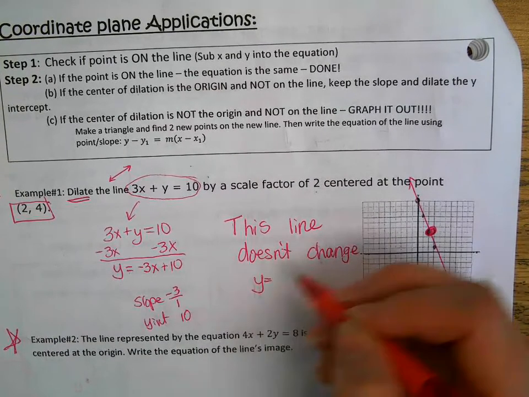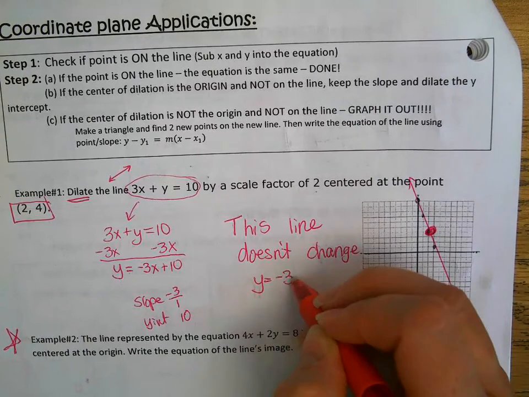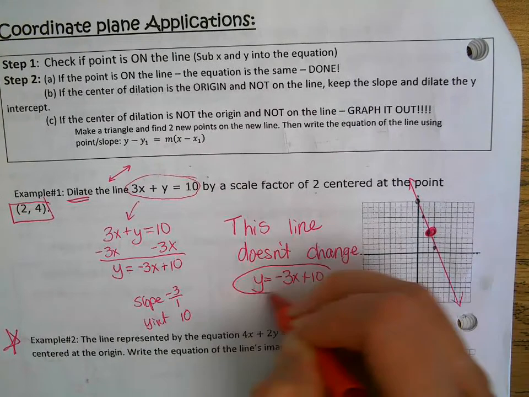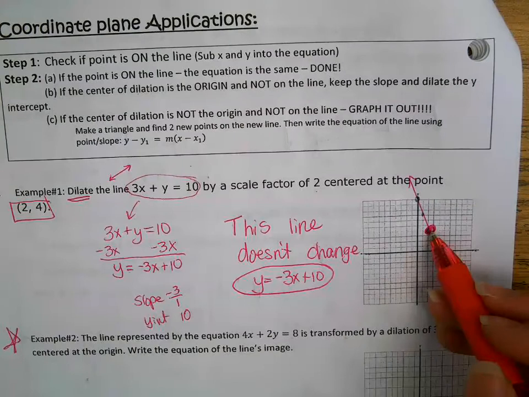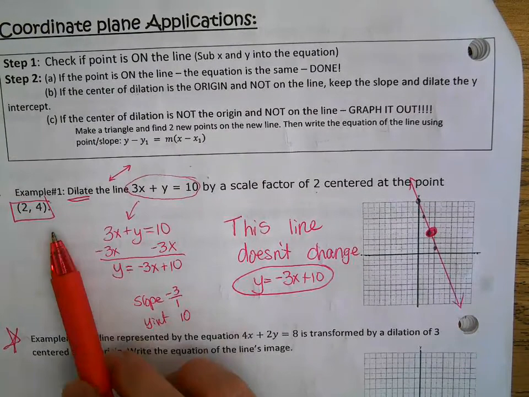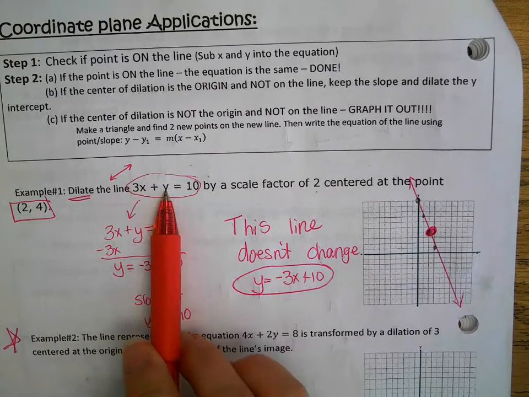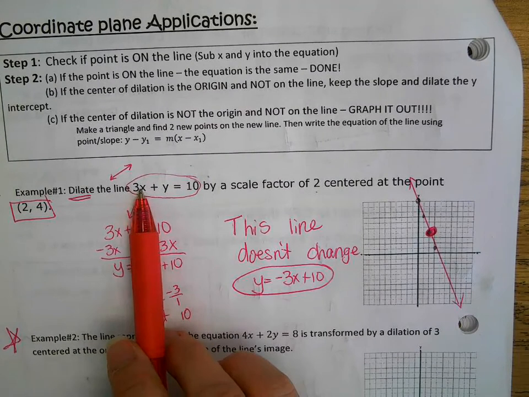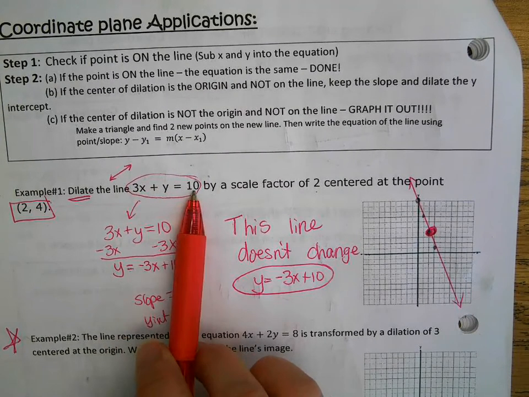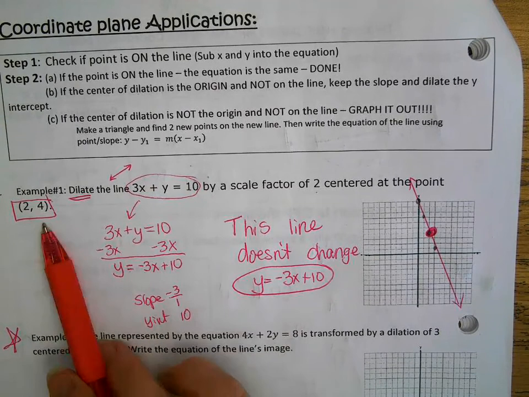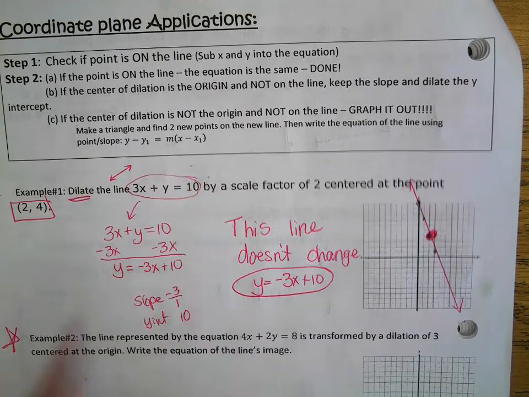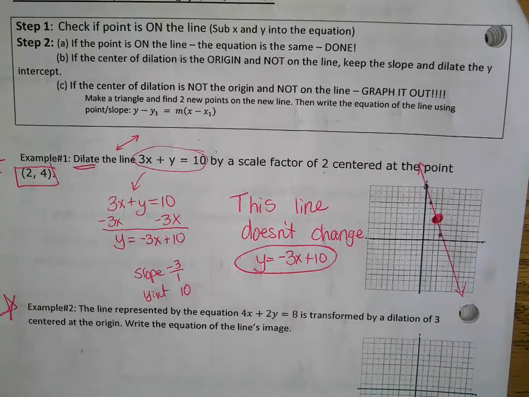The equation is going to read y equals negative 3x plus 10. That point is on the line. If I put in that ordered pair, 2 in for the x and 4 in for the y, 3 times 2 plus 4 is 10. That confirms that this point does satisfy that equation to be on the line.